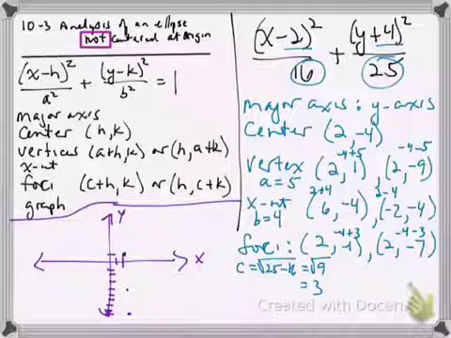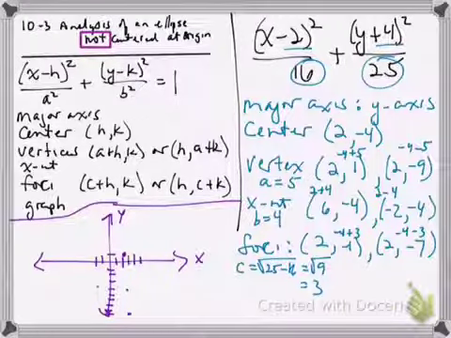And then our x-intercepts, so they're really not x-intercepts, but they're going along that negative 4. So back to (-2, -4), and then (6, -4).